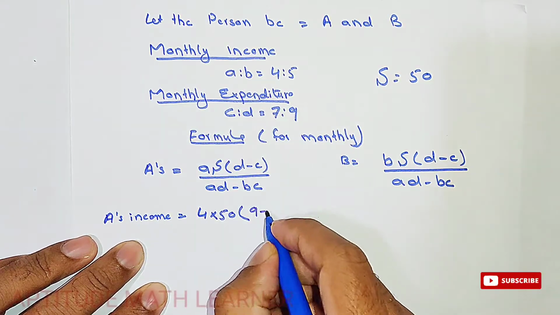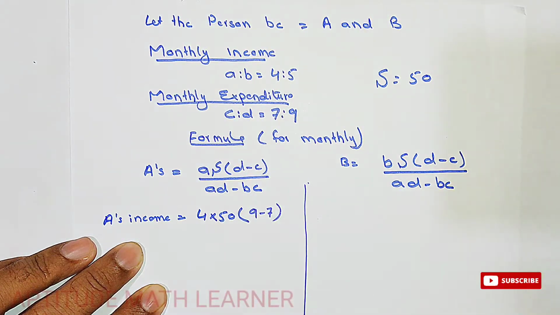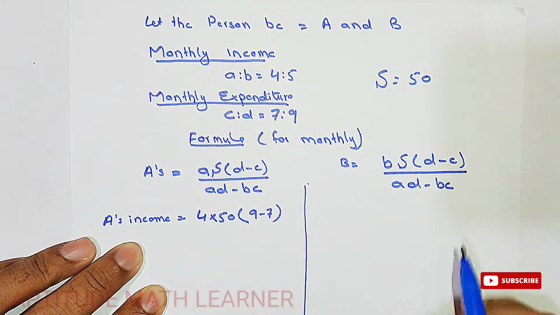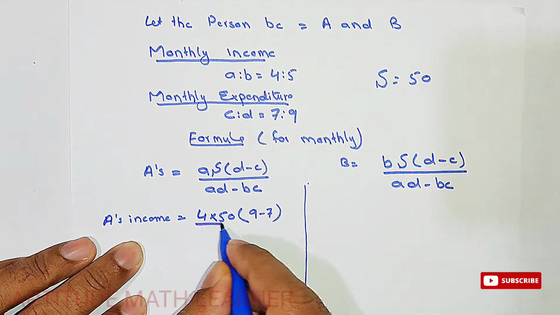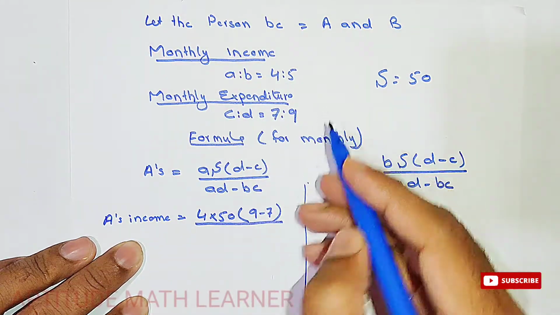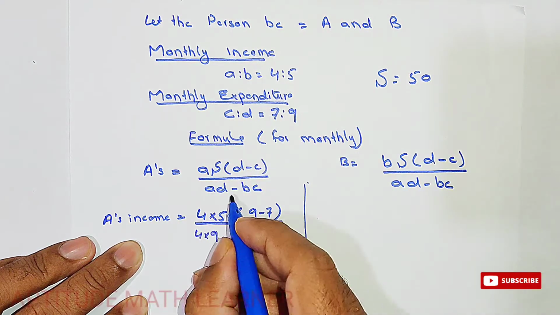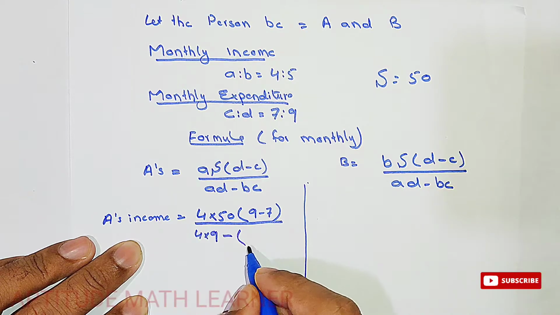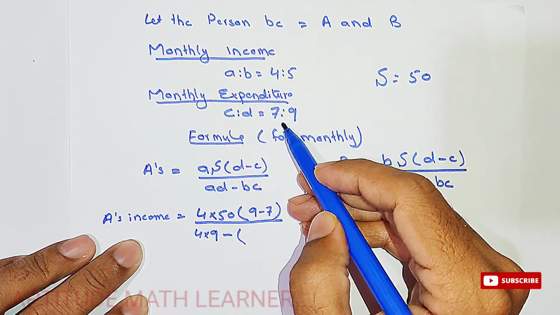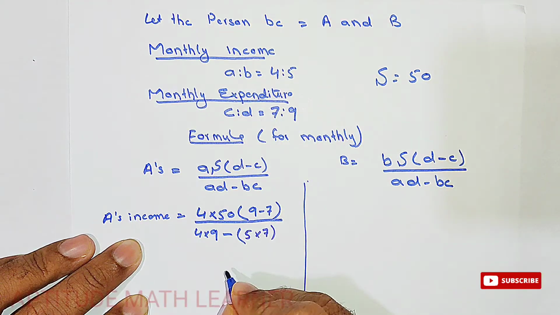We put it in two parts, this is A and this is B. Here upon AD, A is 4 and D is 9, so 4 multiplied by 9, minus B, that is 5, and C is 7, so 5 multiplied by 7.